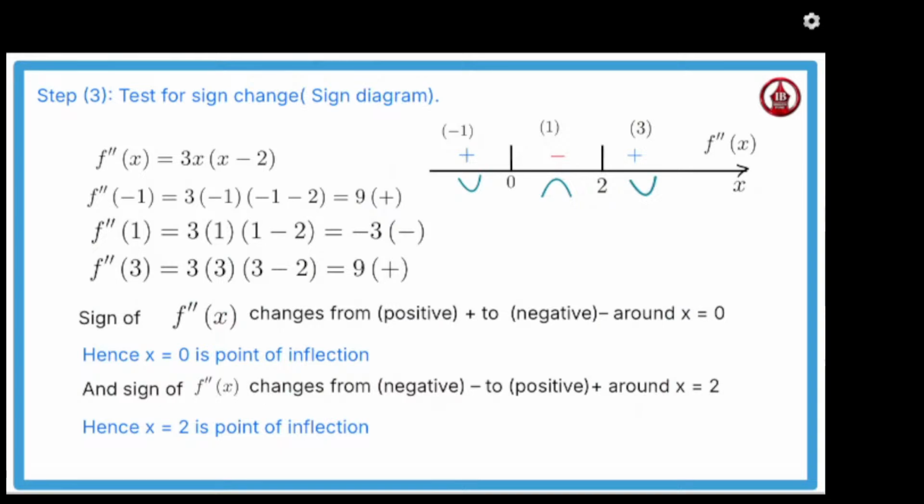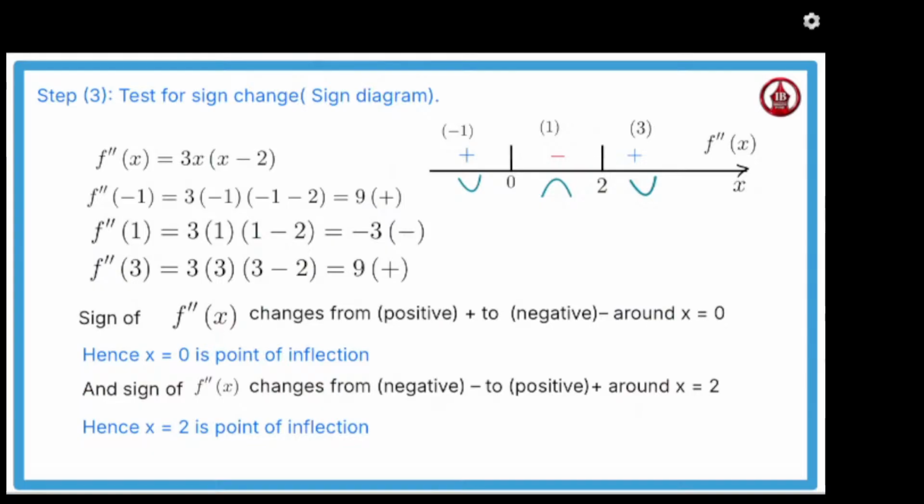Now look here. If the second derivative is positive, the graph is concave up. If the second derivative is negative, the graph is concave down. And if the second derivative is positive again, the graph is concave up. Okay. I'll explain to you these things from its graph actually.